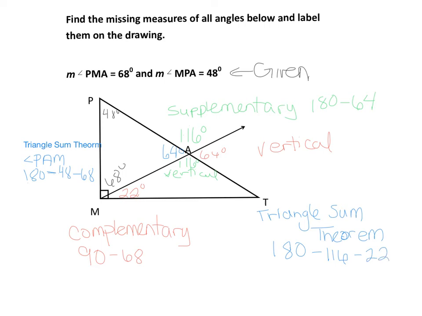We also could have said there's 180 degrees in the triangle, and we could have done the big triangle, PMT. Take away angle P, which is 48, angle M, which is 90. So there's two different ways that we could have solved for angle T. Either way, we get 42 degrees. Now, the order that we solved these in, you could have gone in almost any order. You didn't have to do it in this order. However, you should still get the same answers for each of the angles.